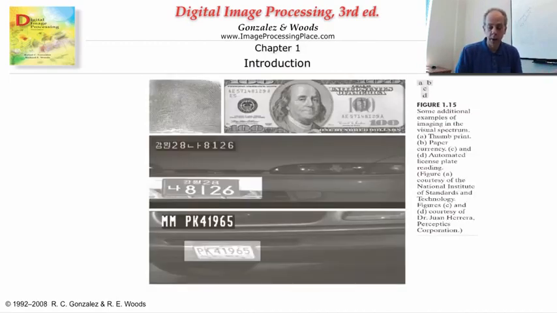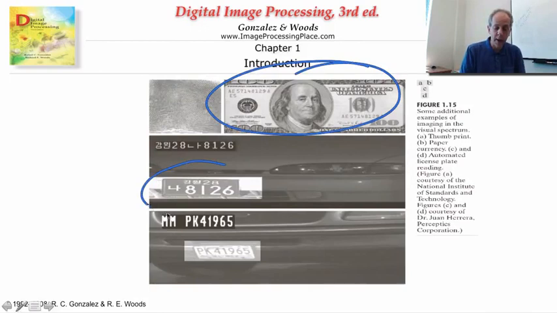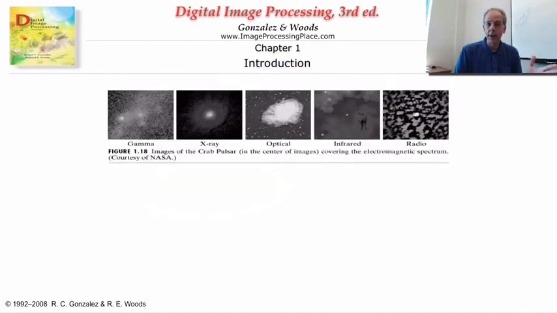Of course, our own images. This is a picture of a dollar bill or a picture of a car license plate. All these are taken with the same type of technology, but probably for very different applications. And once again, it's very important to understand that there is not only a large variability in the type of images that we can acquire, but sometimes we use multiple modalities to acquire the same image and obtain different information.